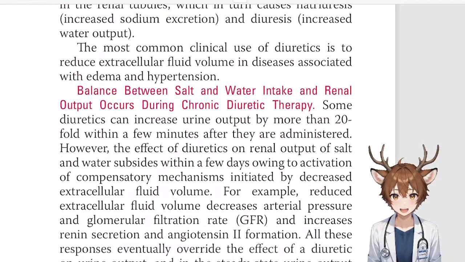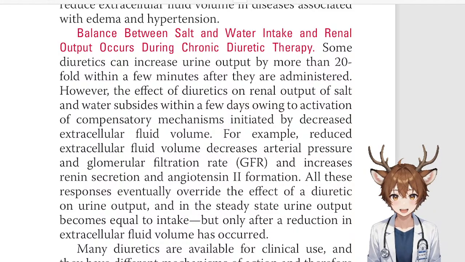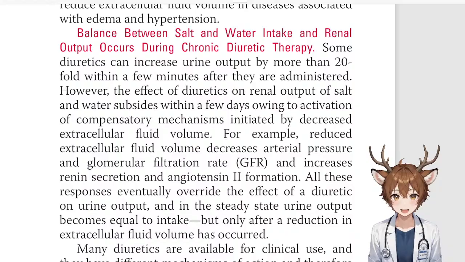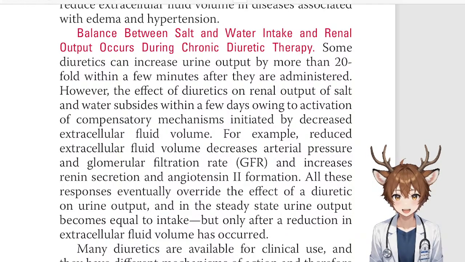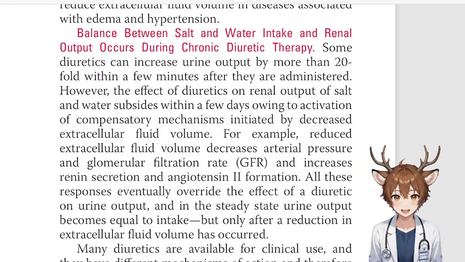Balance between salt and water intake and renal output occurs during chronic diuretic therapy. Some diuretics can increase urine output by more than 20-fold within a few minutes after they are administered. However, the effects of diuretics on renal output of salt and water subside within a few days owing to activation of compensatory mechanisms initiated by decreased extracellular fluid volume.